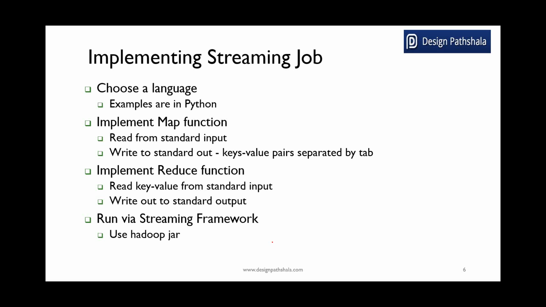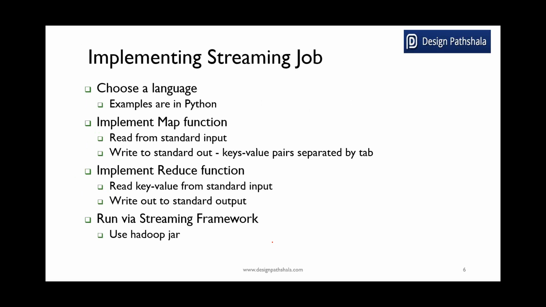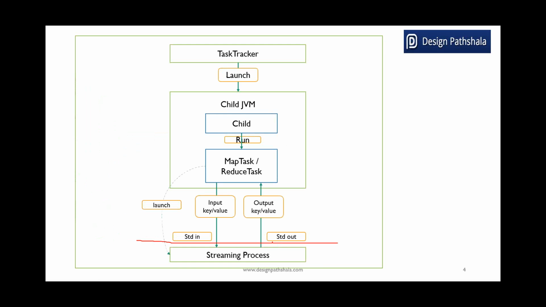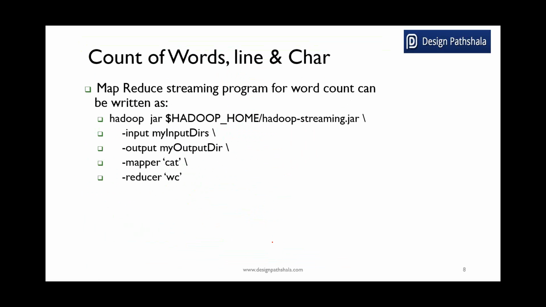But before that, let's look at some simple examples of this streaming word, and then I'll show you the Python example. So here, where's that example gone? Yeah, here it is.